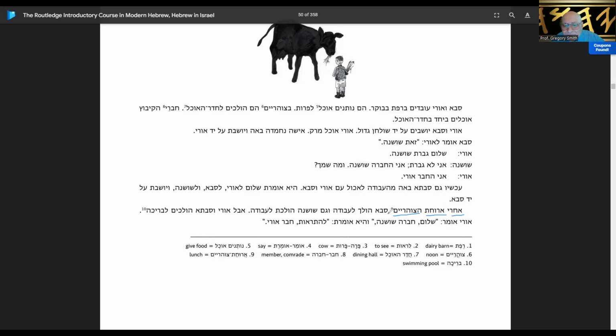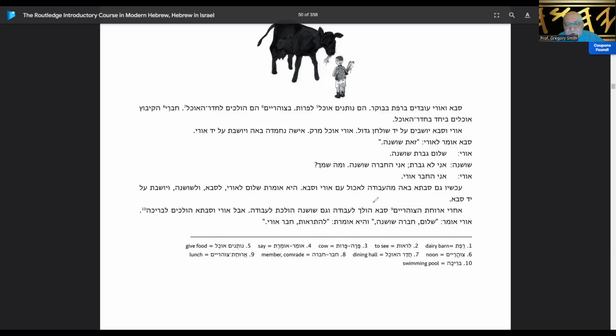Okay, so achare aruchat hatsohorayim. So after lunch, Sava, grandfather, holech la'avoda, goes to work. And also Shoshana, this is that other lady sitting there, holechet la'avoda, she goes to work. Notice the difference here.